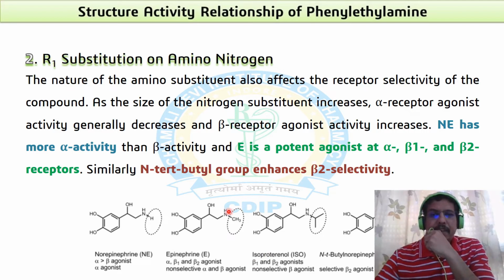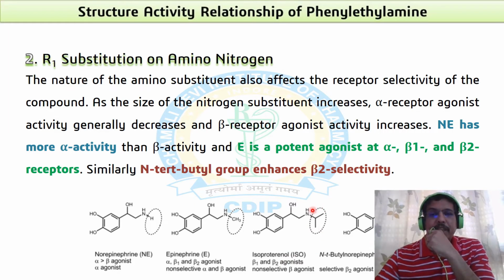But if we further increase the size of this group, changing methyl to isopropyl, the resultant compound is isoproterenol, which has much more selectivity towards beta. But again in that condition it acts on beta 1 as well as beta 2. So it is non-selective for beta agonists; it can show agonist activity on beta 1 as well as beta 2.